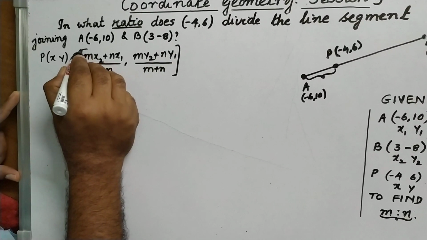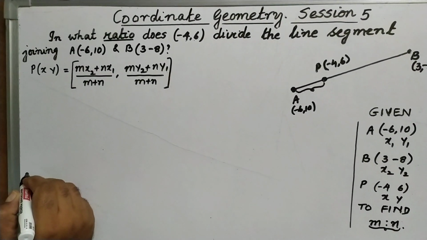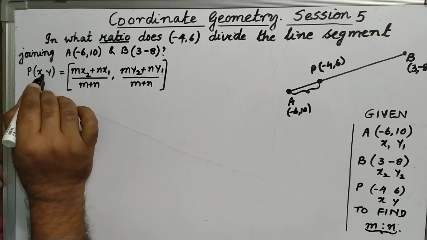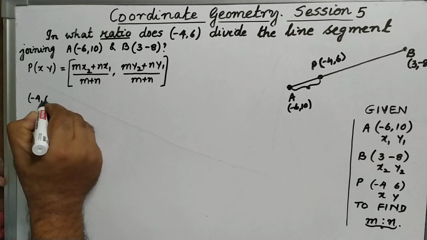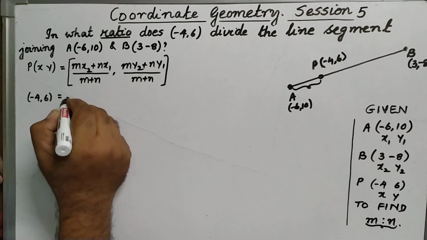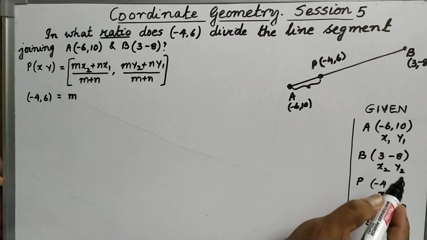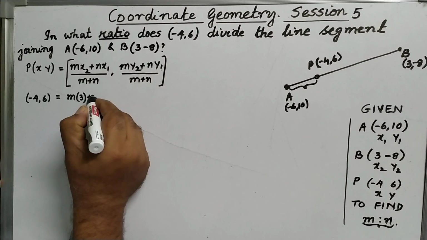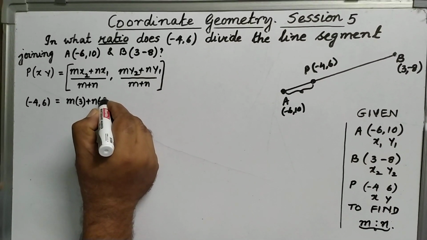Now what am I going to do? I am just substituting the values that they have given me. They have given me the point P, that is (-4, 6), equal to m times x2, which is 3, plus n times x1, which is (-6).